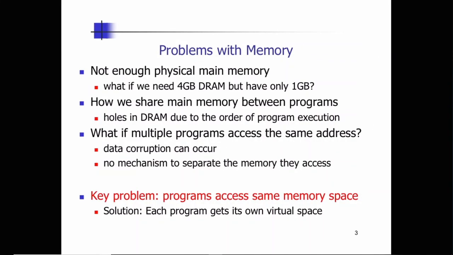So we come to problems with memory. Well, the first problem that could happen is we probably don't have enough physical main memory. This is the RAM that we often talk about. Nowadays we talk about a 4 gig RAM or an 8 gig RAM. That might not be sufficient if we just have physical addresses.